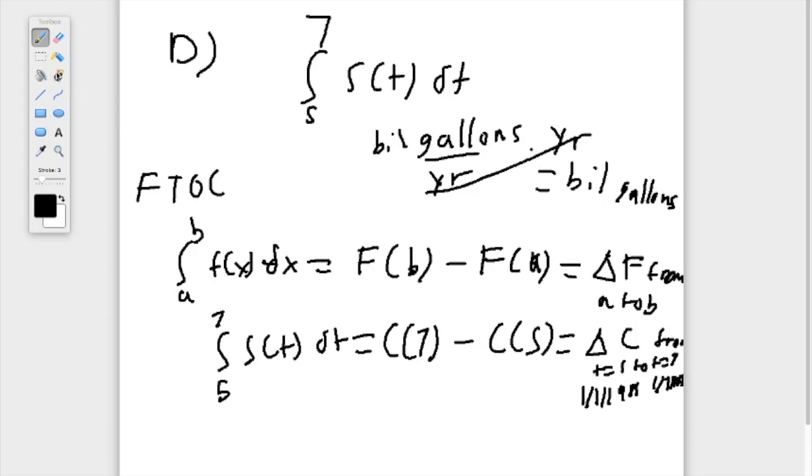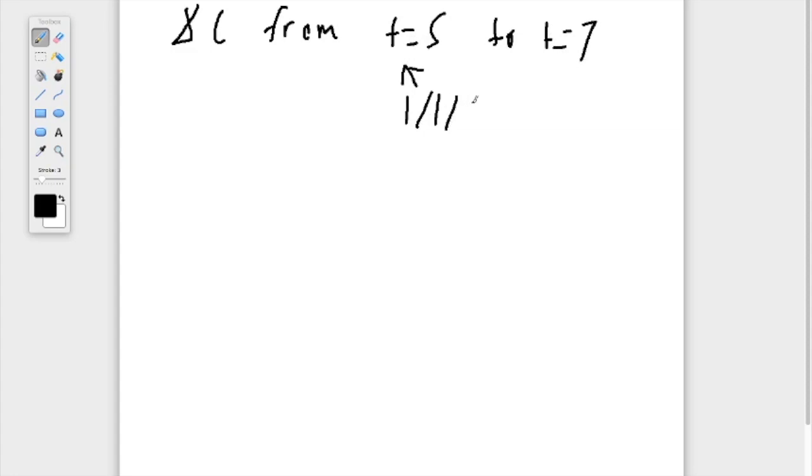So let me put some more space here. We have our delta C from t equals 5 to t equals 7. So that's 1/1/85 and then 1/1/87. So what is our delta C? That is our total change.